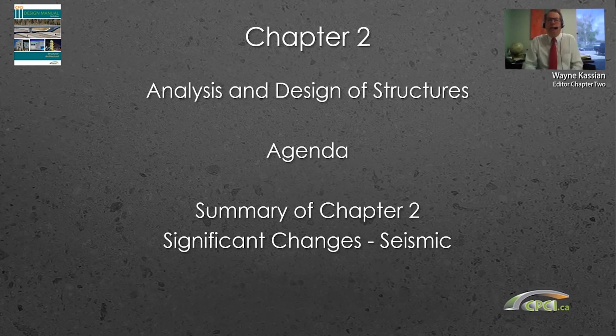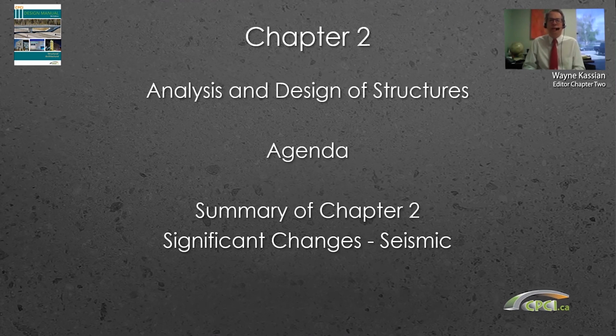So with respect to the seismic changes in the new design manual, it's based on NBC 2015, and significant changes have taken place due to the improved understanding of the seismic hazard across Canada. There's been a lot of data and research done in recent years, and the seismic provisions have now changed considerably.